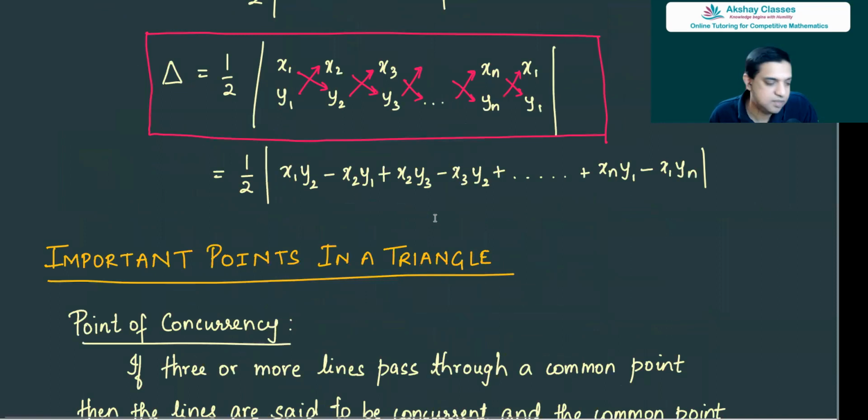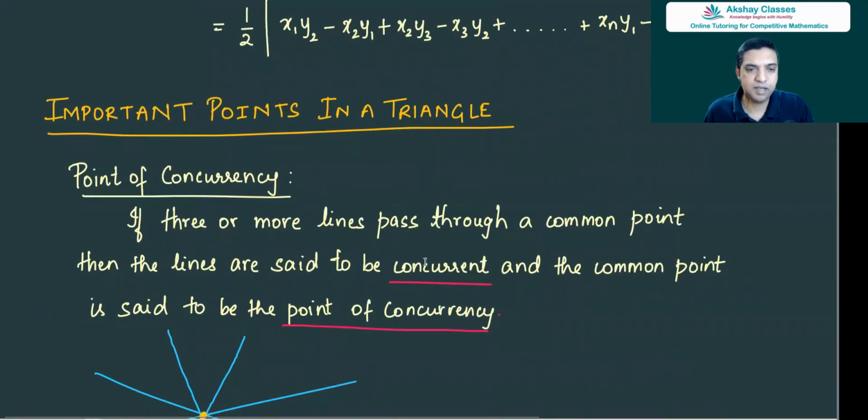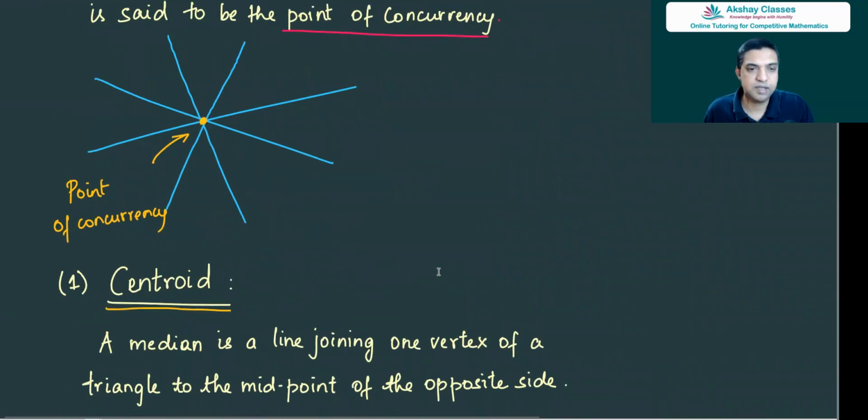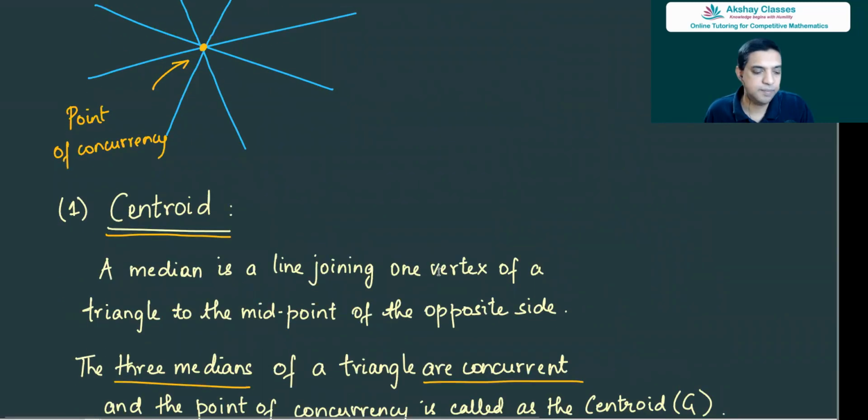We have discussed this. Then we discussed the important points in a triangle. What are the important points in a triangle? The points of concurrency of some critical lines. If lines pass through a common point, that point is called the point of concurrency.